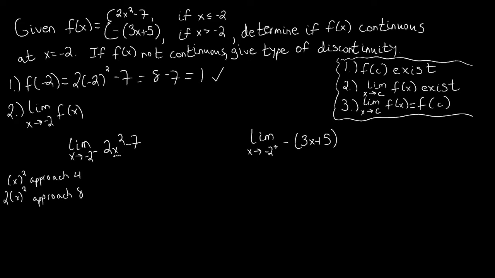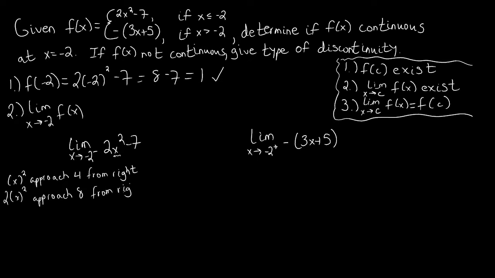What it's technically going to do is approach 4 from the right, because as we get closer and closer to -2, the values of that number squared are going to get smaller and smaller, but they're going to approach 4 from the right. And so we're also going to get values of 2x squared that approach 8 from the right.